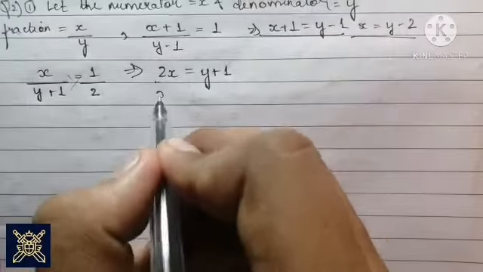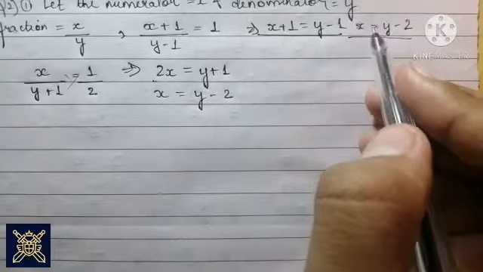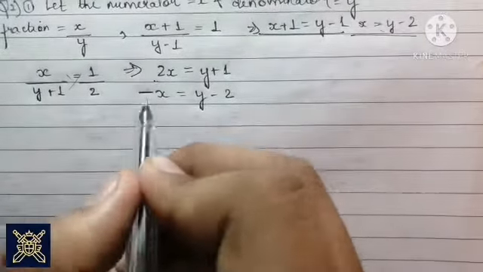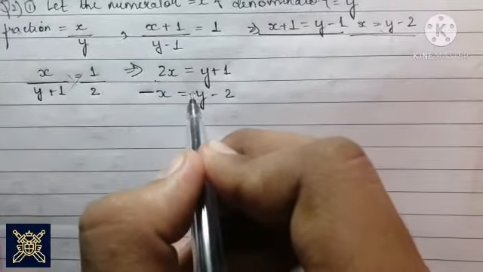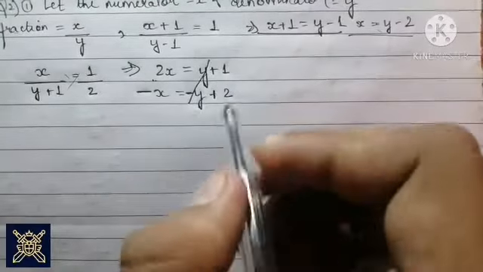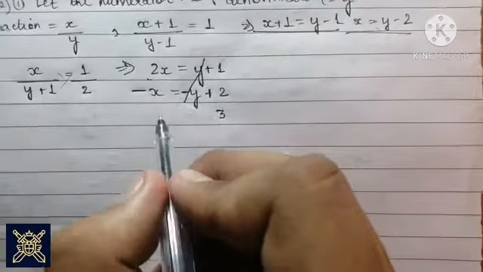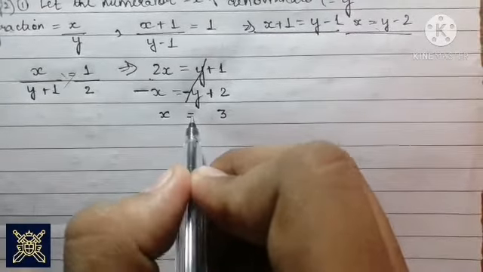We have written x is equal to y minus 2 here, and now we will be changing the signs to subtract them. So this was plus, it became minus, this was also plus, it will become minus, and this will become plus. y minus y is 0, here you are having 3, and here you are having 2x minus x, which is x. So what we have got is x is equal to 3.